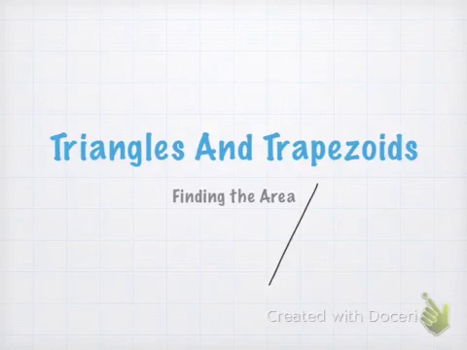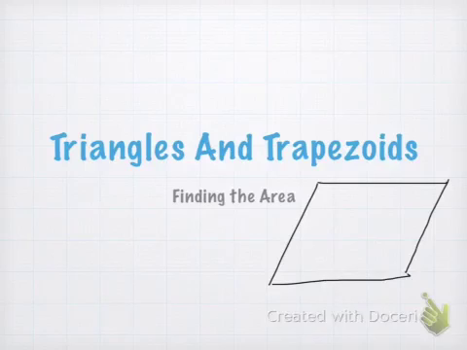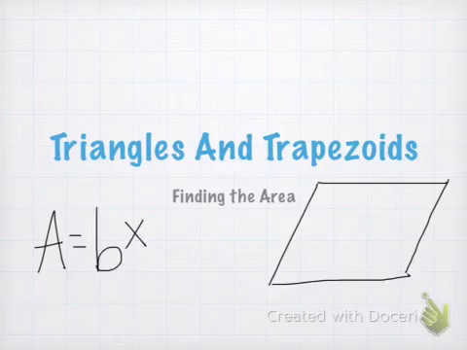with a parallelogram. So you guys were studying parallelograms in the last lesson, and as you recall, the area formula for a parallelogram is just simply the base times the height, where height is an altitude.